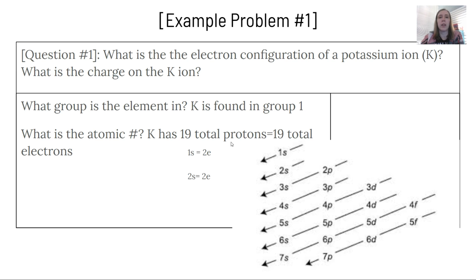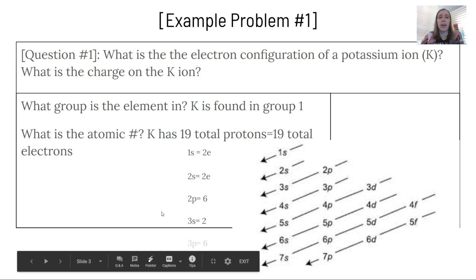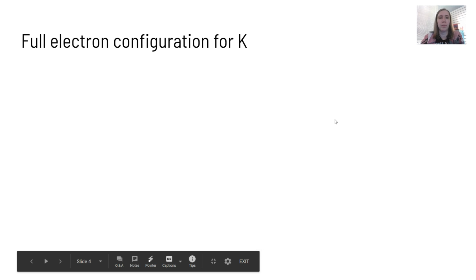So just real quick, 2 electrons in the 1s orbital, 2 electrons in the 2s orbital, 6 in the 2p, 2 in the 3s, 6 in 3p, and then it's going to have 1 in the 4s orbital.